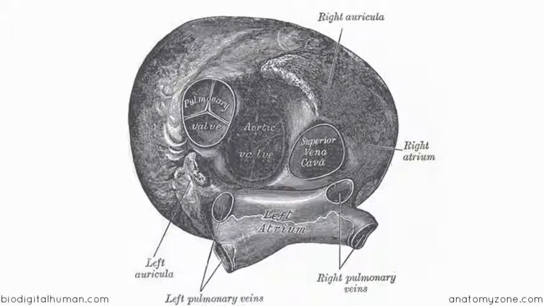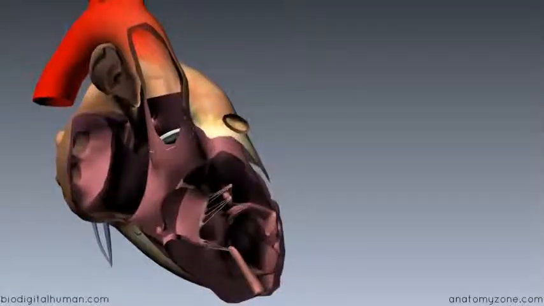Just coming back to this diagram, you can see the configuration of the pulmonary valve, and you can see these sinuses here which fill with blood and cause the valve to close when the ventricle has relaxed.